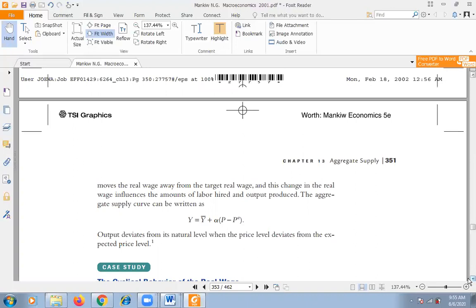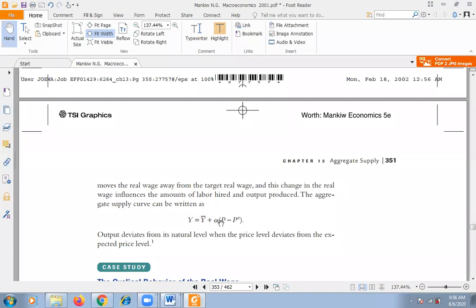So this is a short run phenomenon. This is a short run case in the sticky wage model. When prices are flexible in the long run, then the expected price level is equal to the actual price level.